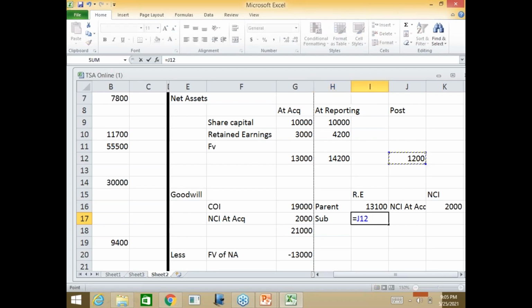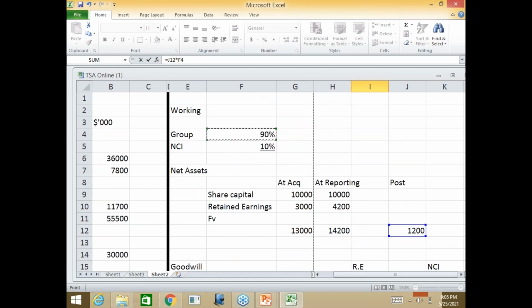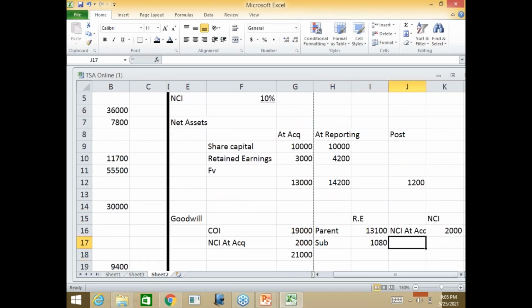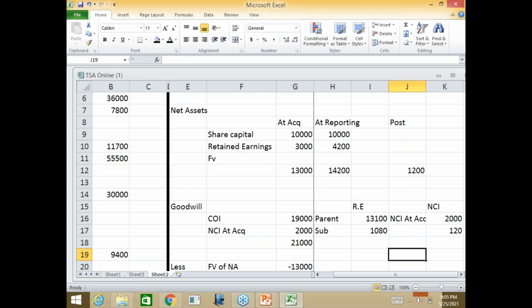It is already calculated here. The 90% share will be distributed to the group, and the 10% share of this amount will be distributed to NCI.